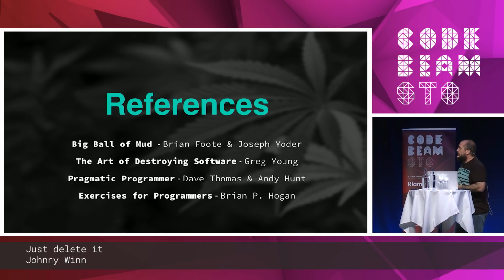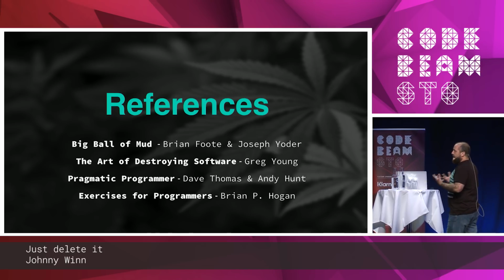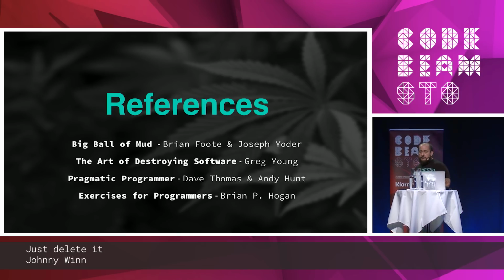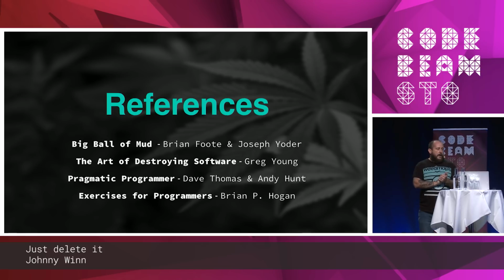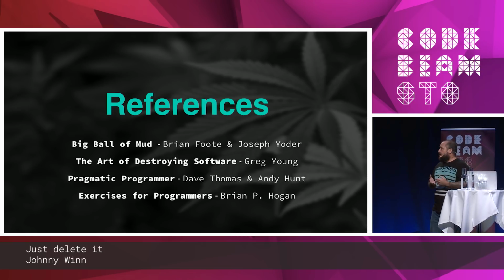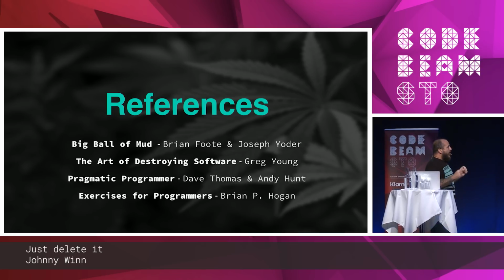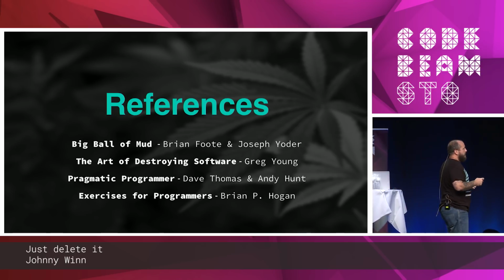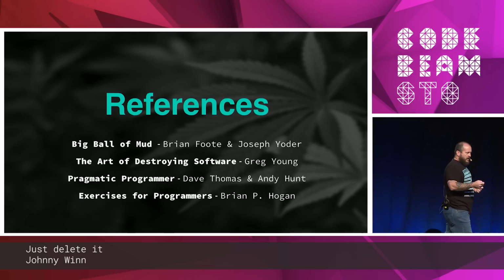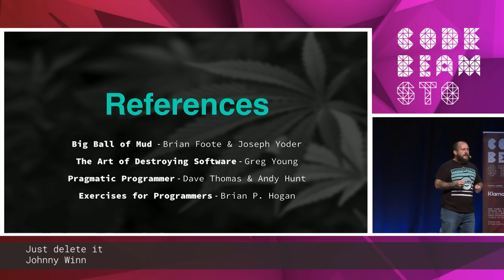Some references for this talk: the Big Ball of Mud paper, if you haven't read it, maybe go read it, it's cool. Definitely check out the talk, The Art of Destroying Software by Greg Young. I highly recommend 2 books, The Updated Pragmatic Programmer by Dave Thomas and Andy Hunt.